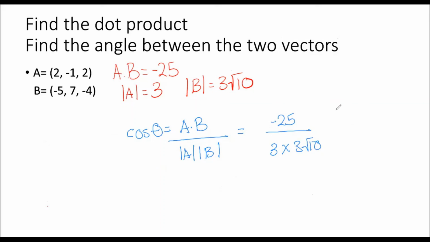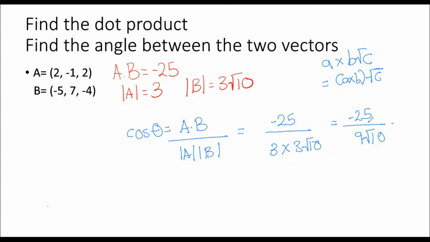If you have something like a times b root c, it gives a times b root c. So 3 times 3 root 10 will give us 3 times 3 is 9, and then root 10. So we have minus 25 over 9 root 10. Let's do it step by step. What is minus 25 divided by 9 root 10?